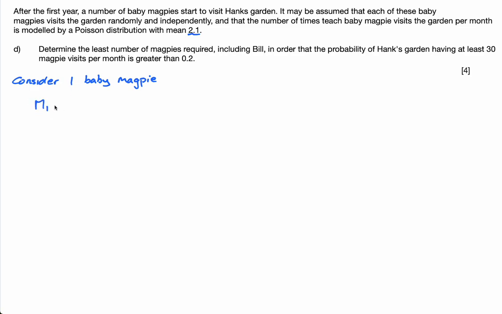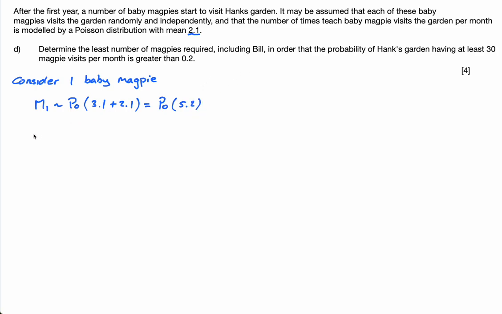So M1 would have a Poisson distribution of 3.1 plus 2.1, because there's the baby, but Bill as well is still coming, and he comes on an average of 3.1 times per month. It's a Poisson distribution of 3.1. So both of them coming, I just add the two means. So that's 5.2. That's a Poisson distribution of 5.2.